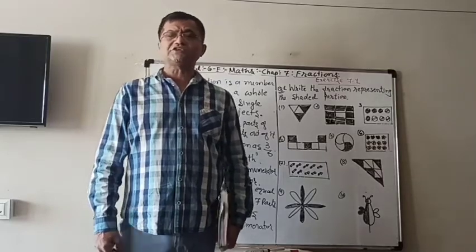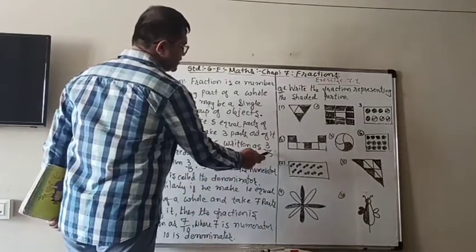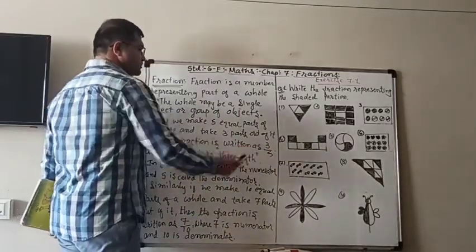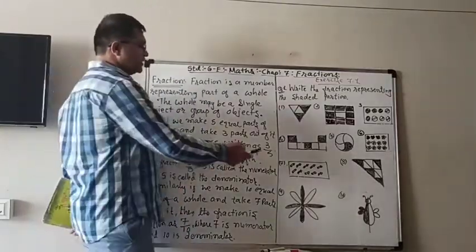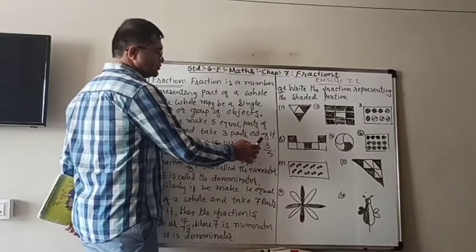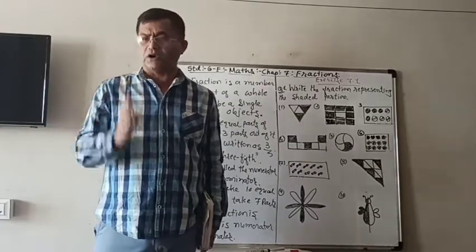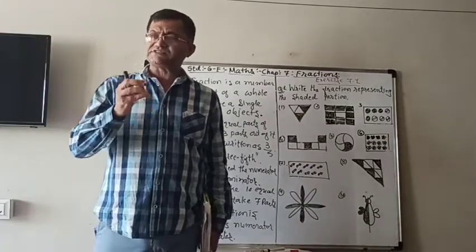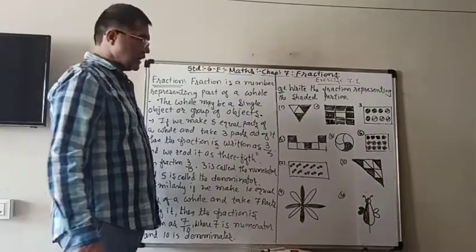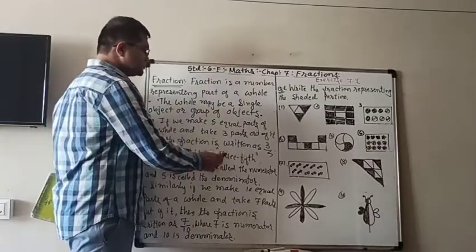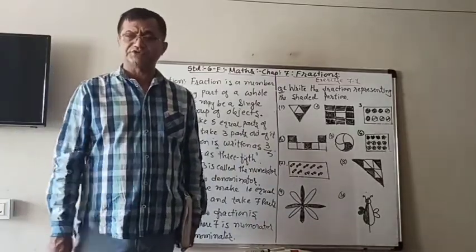The total parts, 5, we write at the bottom, and we take 3 out of it, so 3 is written on the top. If we take 3 parts out of 5 equal parts of the whole, that fraction is written as 3 upon 5, and we read it as 3/5 of the whole, or only 3/5.